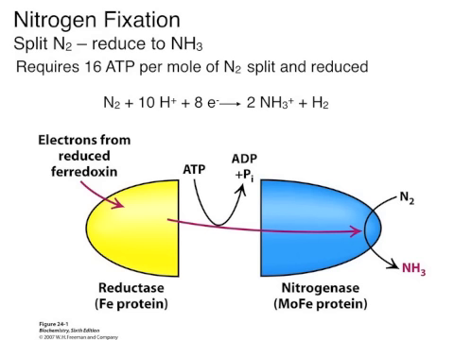Nitrogen fixation is an energetically expensive process that requires 16 ATP per mole of nitrogen split and reduced. The overall progression is N2 plus 10 protons, 8 electrons, yielding 2 molecules of ammonia, and 1 molecule of hydrogen gas. Let's see how this happens.